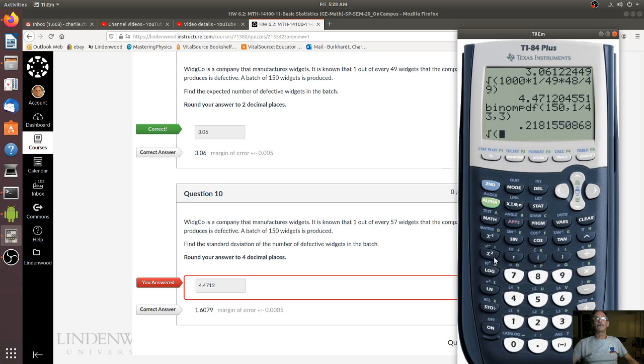Second square root, 1,000 times. P and Q changed here, so 1/57th, and what would 1 minus 1/57th be?